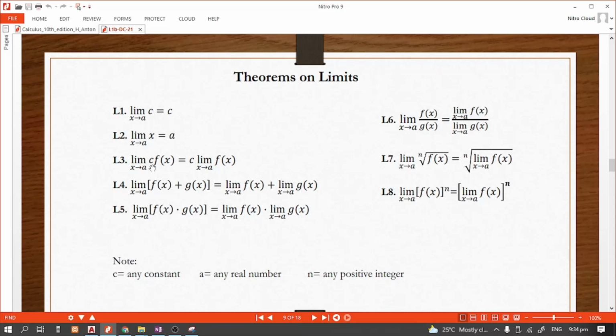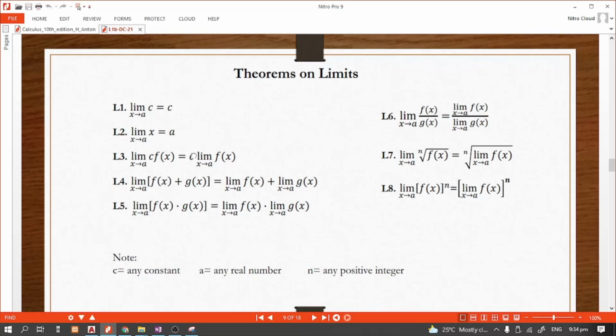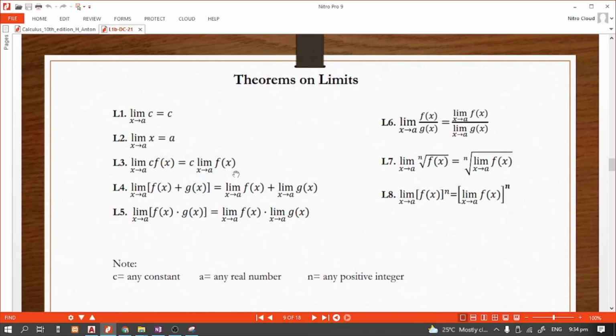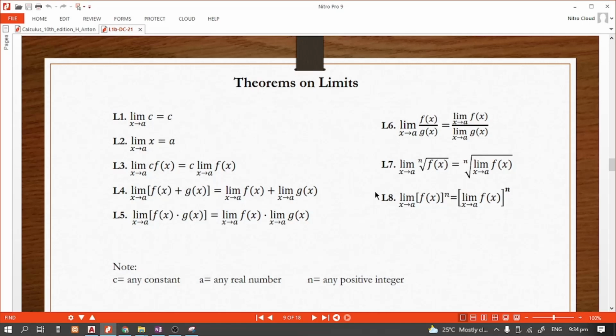So yung c dito is just merely a coefficient so pwede nating ilabas yun and then kunin natin yung limit nung f of x as x approaches a. So, later on, mas maganda i-apply na natin para mas maintindihan nyo.